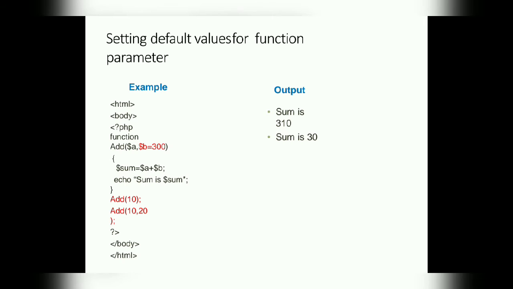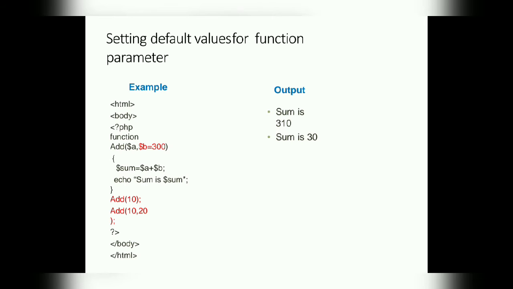Okay, so now we started the function block: $sum equals $a plus $b, and echo sum is the $sum. Now outside the block I have written two statements: add 10, and the second statement is add 10 20.